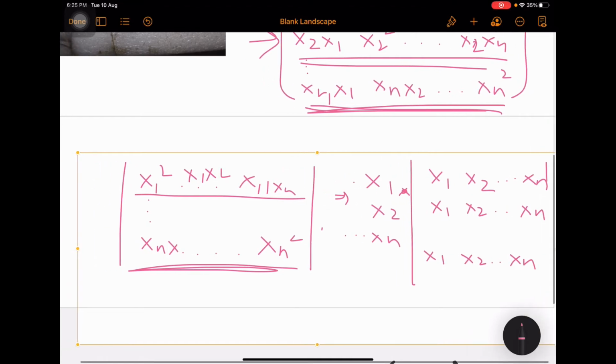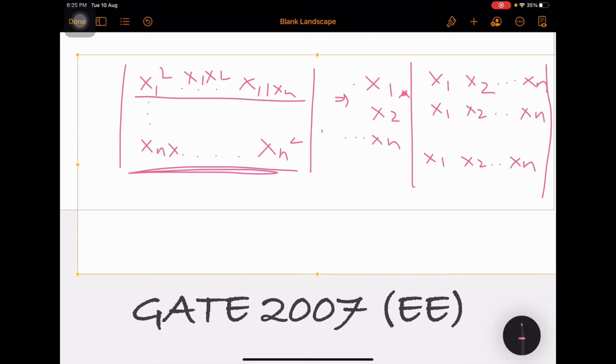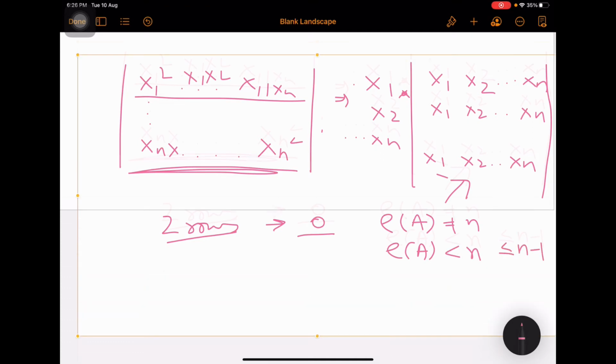Now clearly for this matrix all the n rows are basically the same. If two rows are identical in any matrix, then the determinant is 0. So its determinant has to be 0. So rank of V is definitely not equal to n. It has to be strictly less than n, that is less than or equal to n minus 1, right?